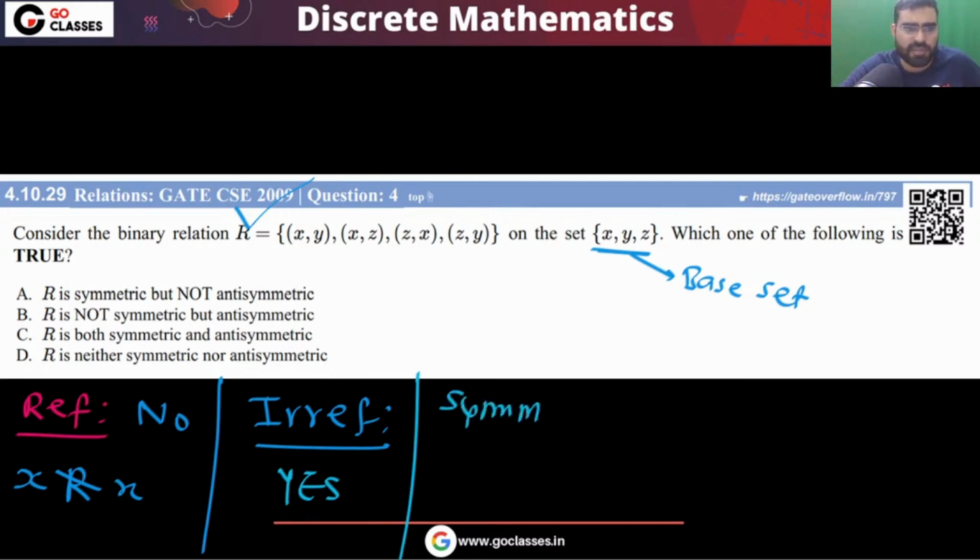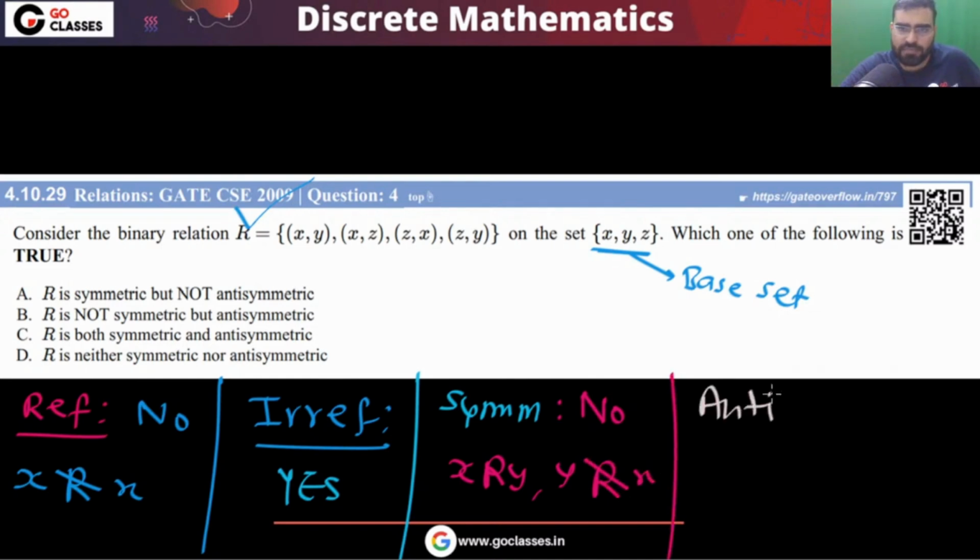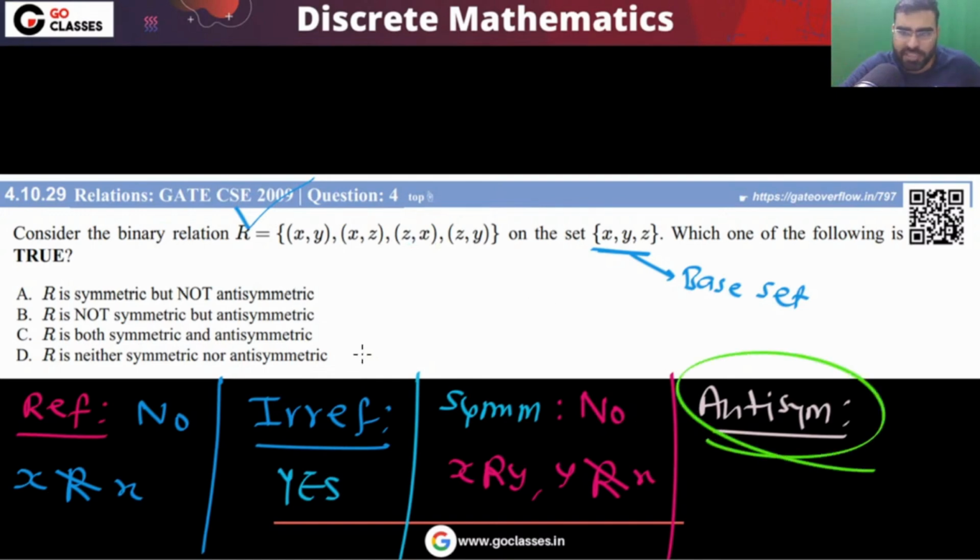What about the symmetric property? Symmetric means if X is related to Y, then Y should be related to X. So the symmetric property is not satisfied because X is related to Y, but Y is not related to X. What about antisymmetric? The antisymmetric property says that different elements must not have symmetry.